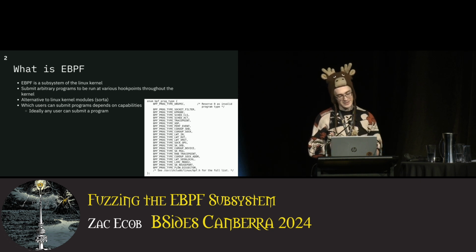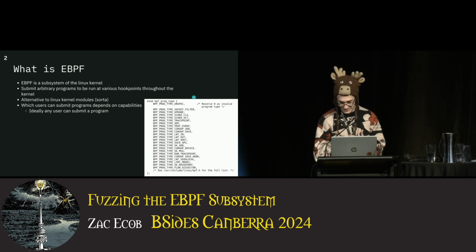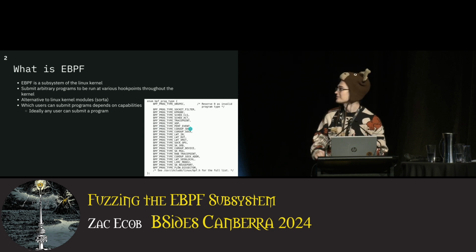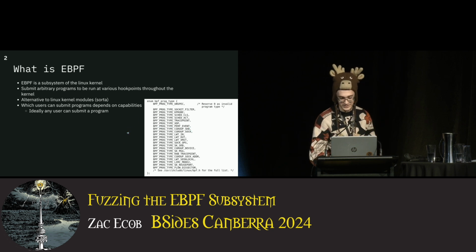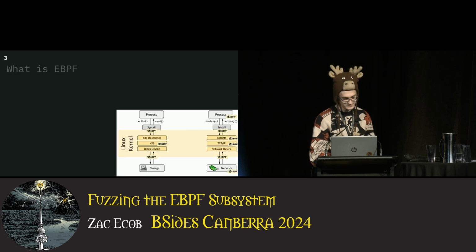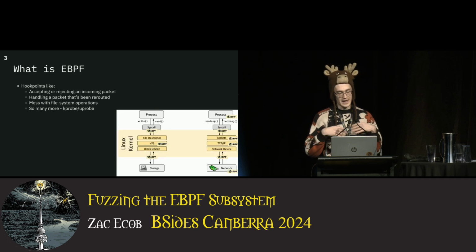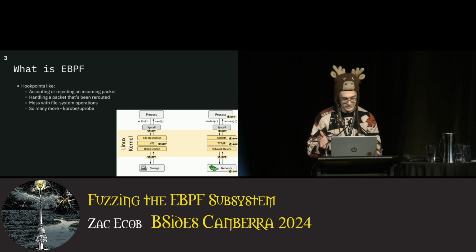In actuality, it depends on capabilities, because they quickly realized it was a very bad idea to let everyone submit these programs. And as you can see here, there's 10 million different program types. And you might be thinking, hook points, buzzword man, tell me what that is.